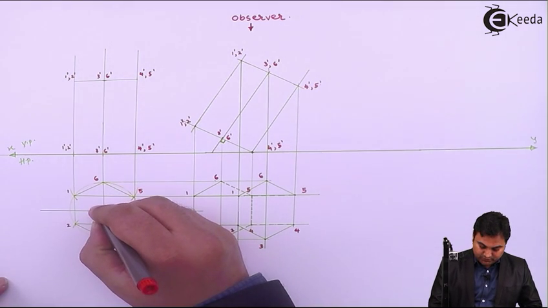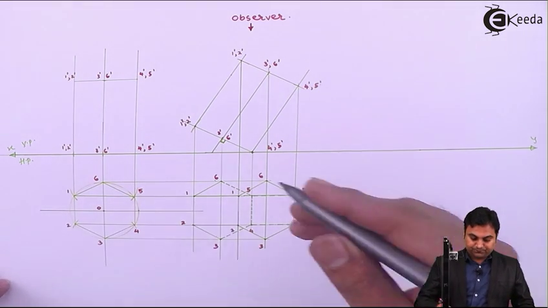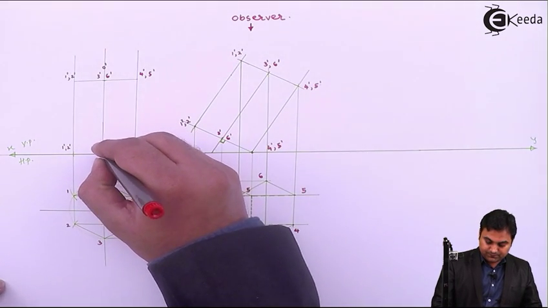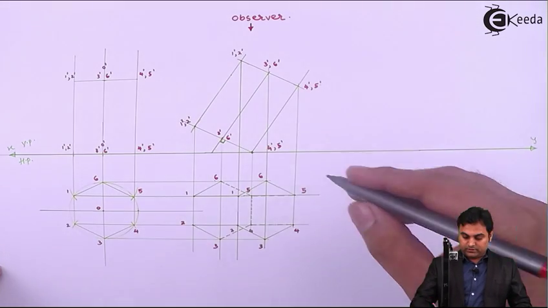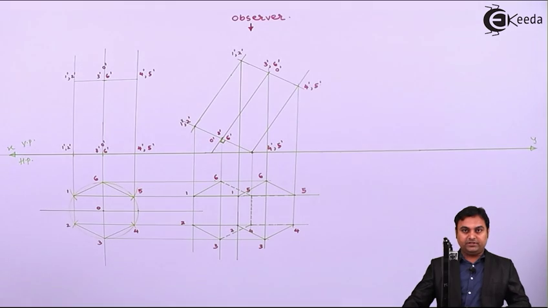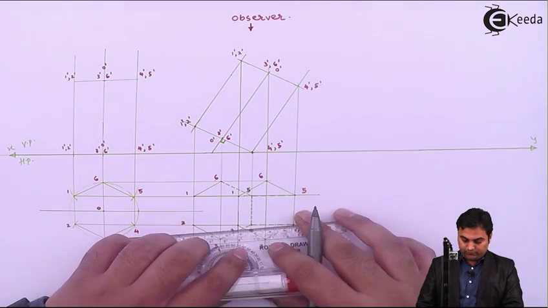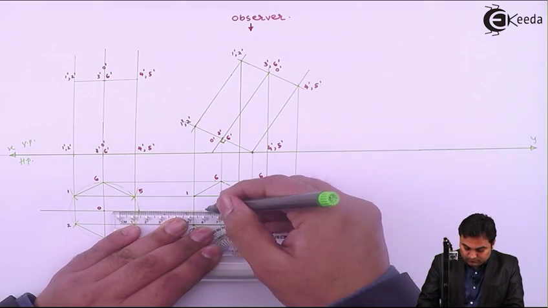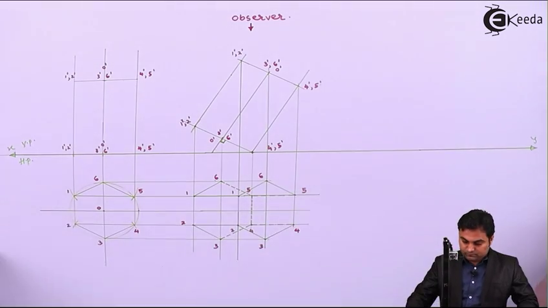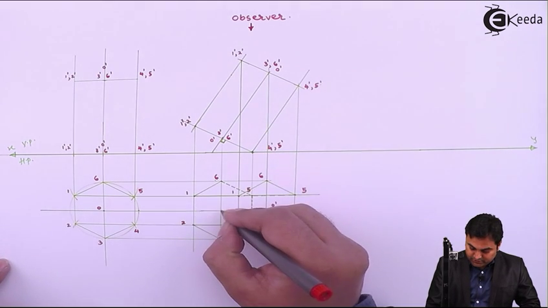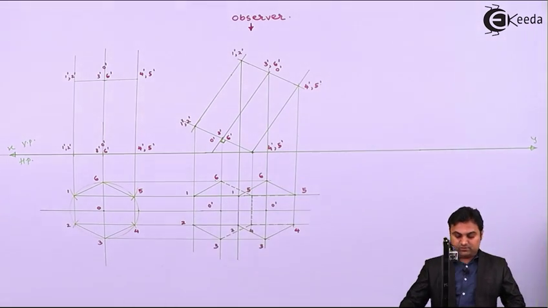I'll say it is axis O. So in the front view, axis will be O dash, O dash, and here also it is O dash, O dash. So plotting the axis in the top view. So here O dash and O dash is the length of the axis.